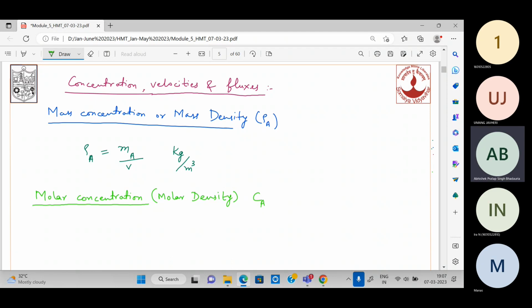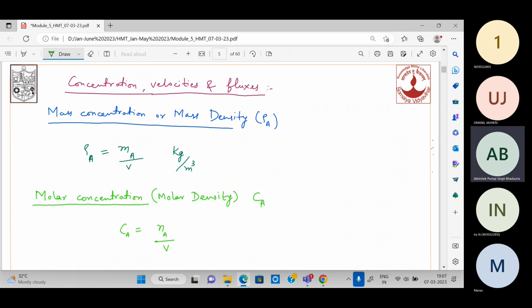So let's express this. What is Ca? Ca is number of moles of component A divided by volume of mixture.